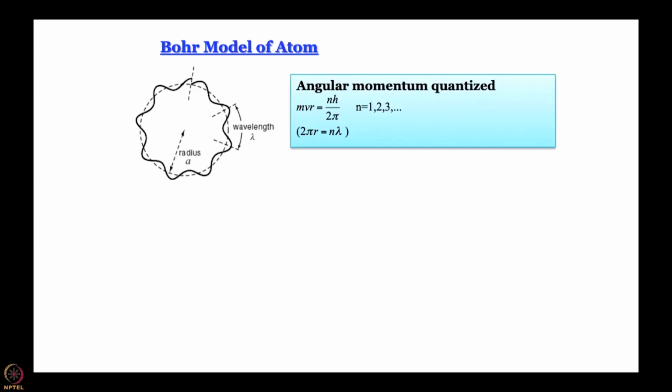Okay. Using this, and it is a pity that we are not going to go into the detail of this discussion here, precisely because we do not really use the Bohr model anymore, whoever is interested can look up classical mechanics books and Bohr's papers, and books which discuss Bohr theory in detail.